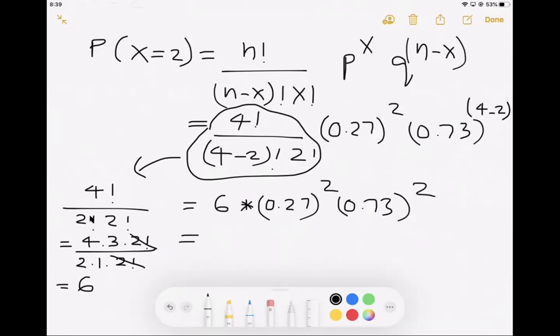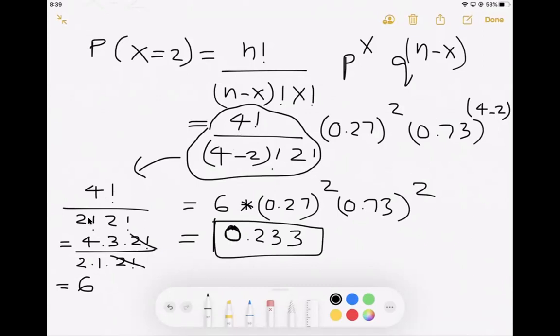So what is the answer? 0.233. Very simple. If you know n, x, p, q and how to get the factorial part, it's very easy. Use the calculator and do the rest.